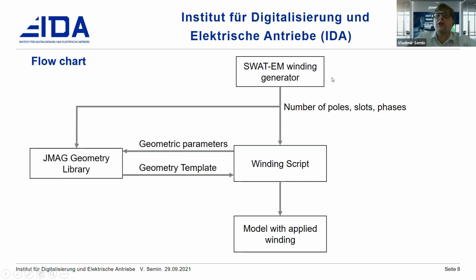The simplified flowchart of the program looks like this. We begin with generating all the windings that are of interest for us, and then save the winding data as text files.